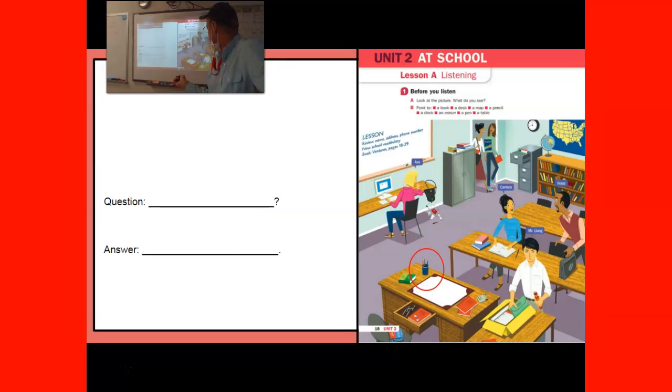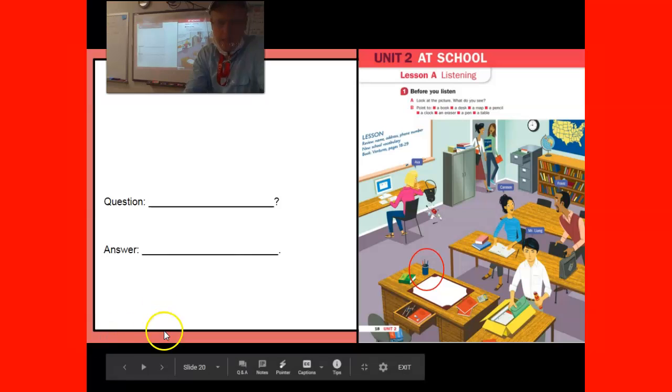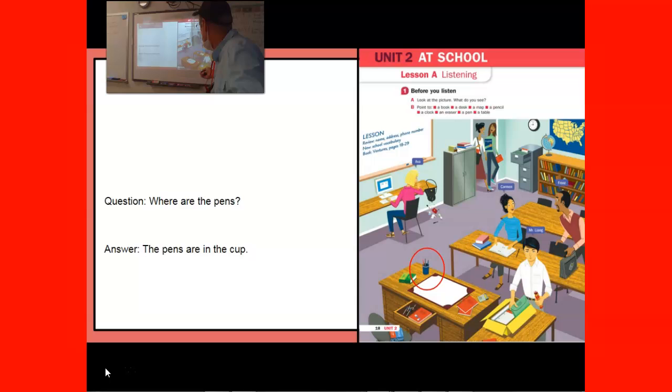All right. You guys see the circle? These are pens. Pens. All right. I'm gonna give you a minute. Write the question. Okay? And then put the answer based on this right here. And then we'll check our answers together. Because they're different colors.